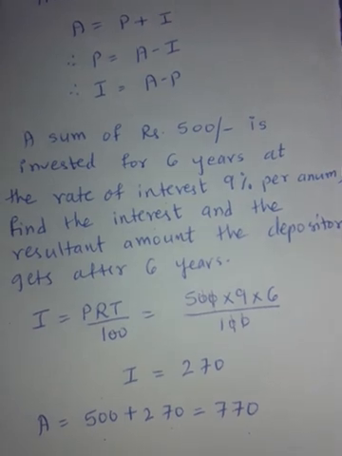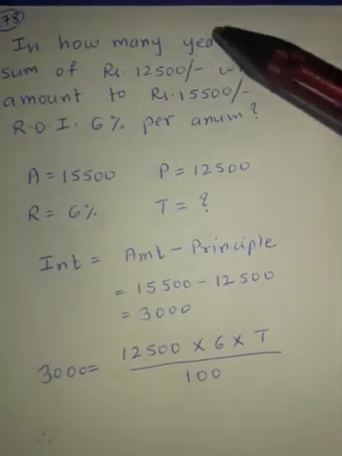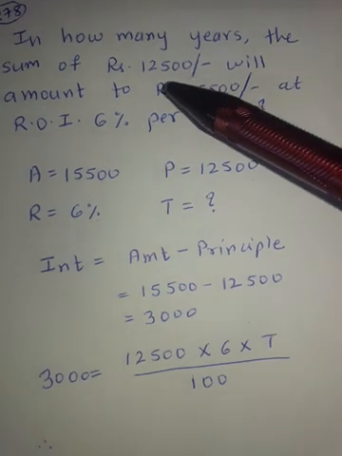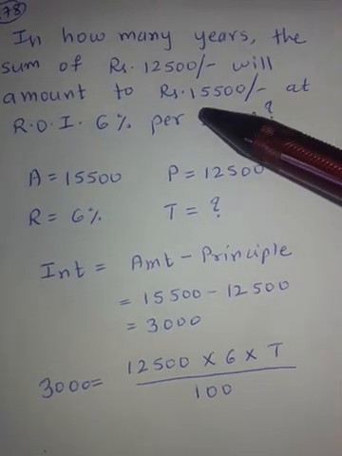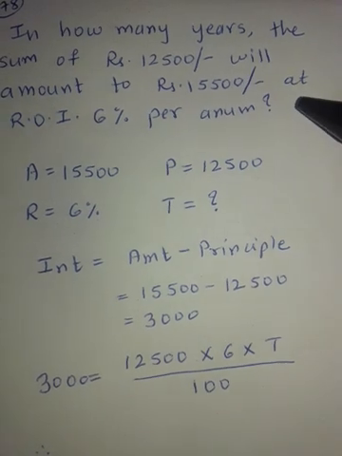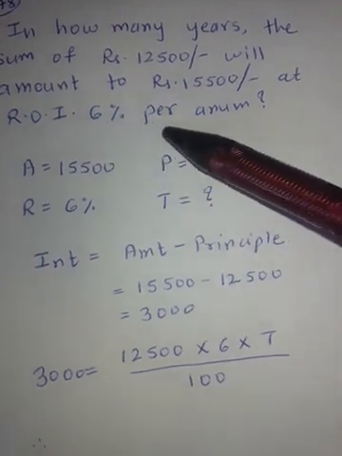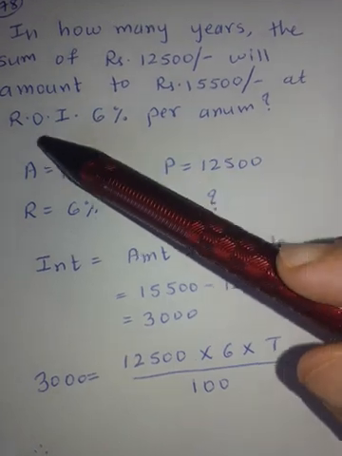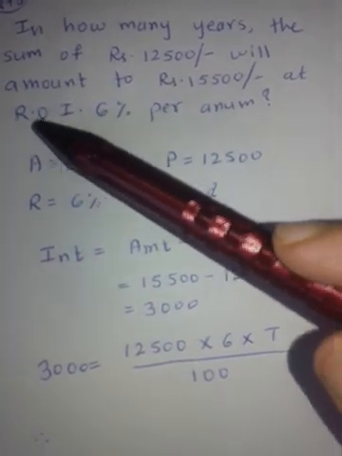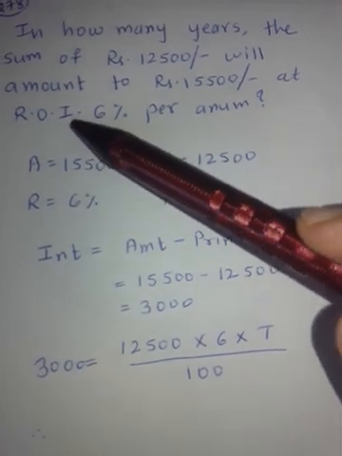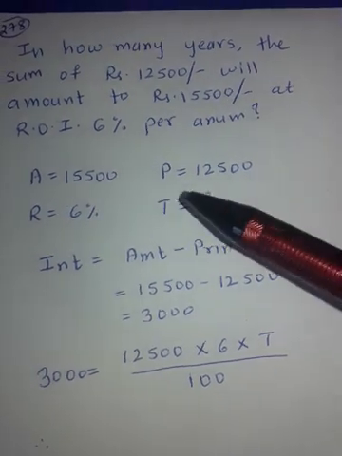Let's solve a few more. In how many years will the sum of rupees 12,500 amount to rupees 15,500 at ROI 6% per annum? ROI is rate of interest. You will always find this term ROI, rate of interest. So what is given to me?